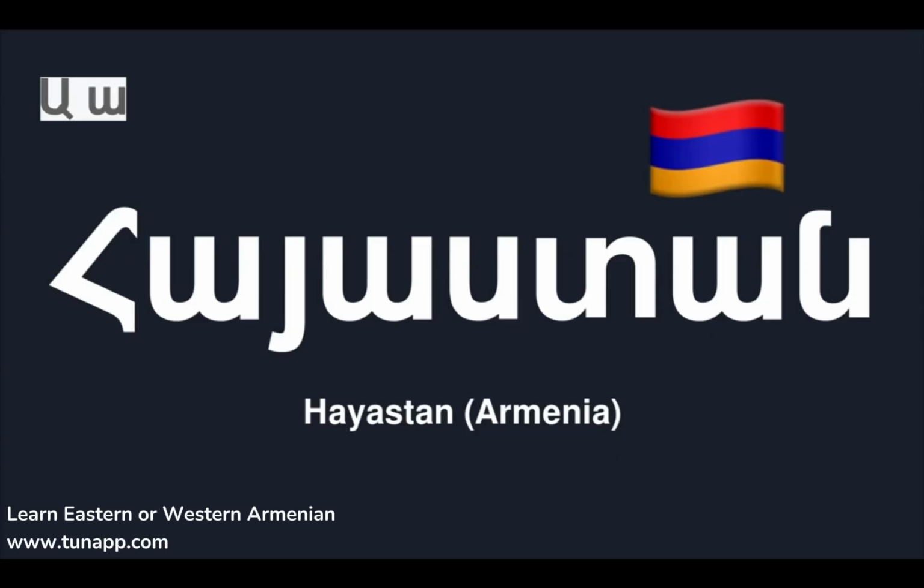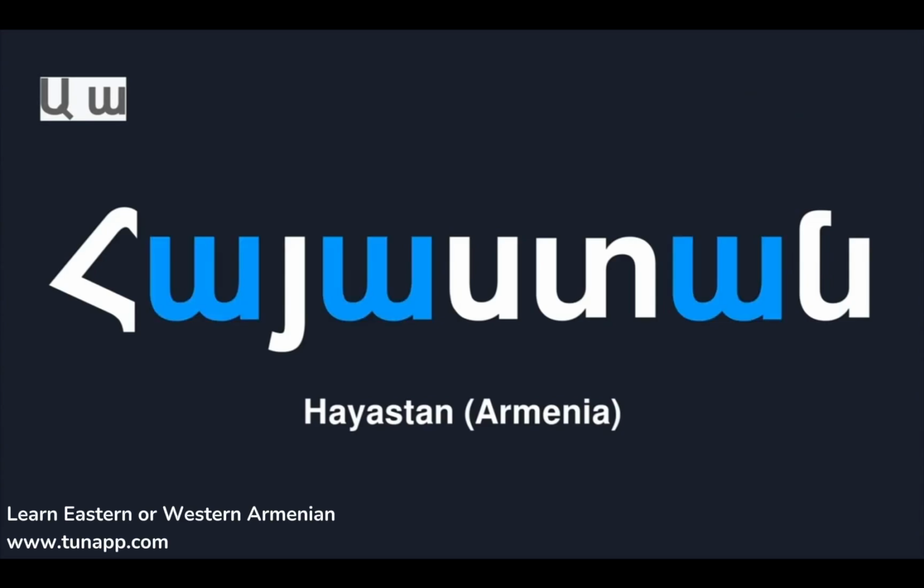Okay, here we have Hayastan, which means Armenia in Armenian. How many times can you see A in this word? 3, that's right.